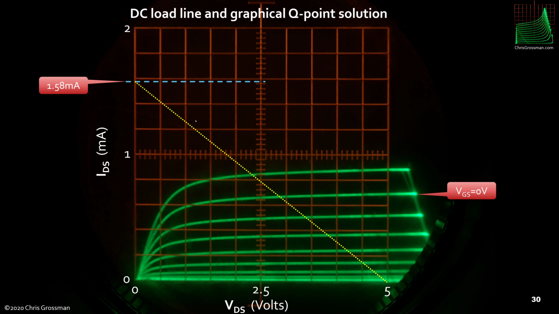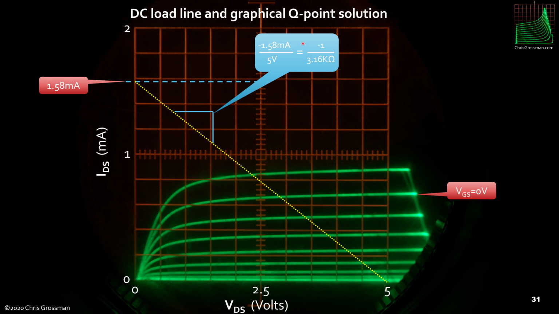And the slope of this line is -1 over the resistance we calculated. Where this line intersects the VGS0 line is where the part's going to bias up. So it should bias up at about 670 microamps and 2.8 volts. So remember this 2.8 volts.